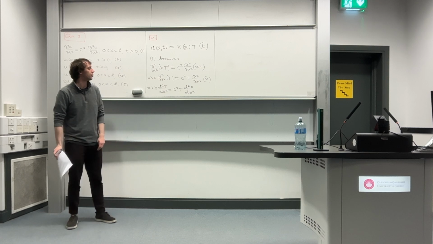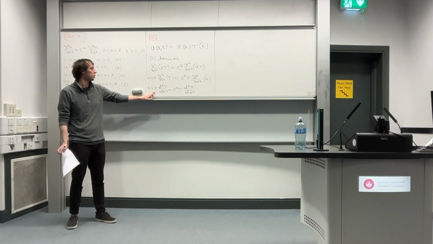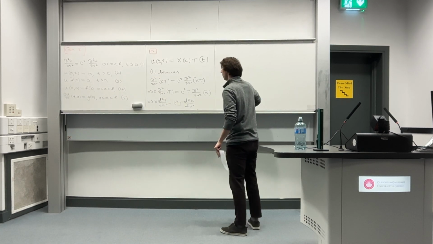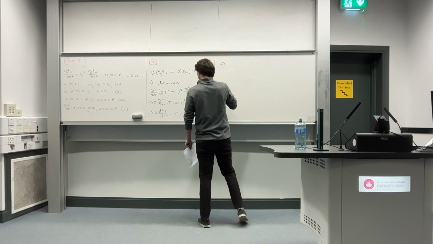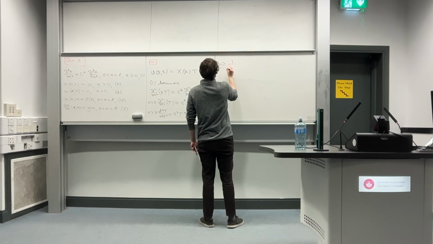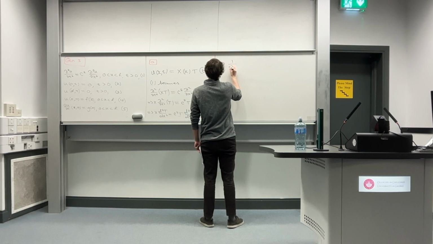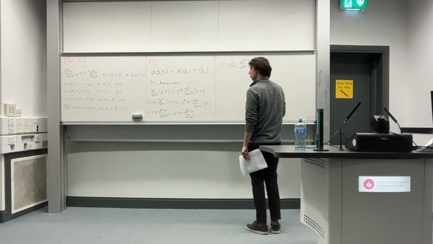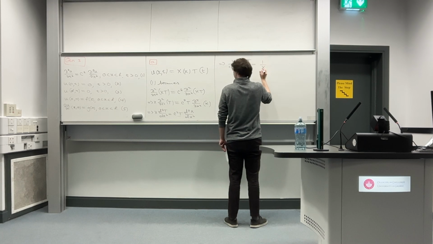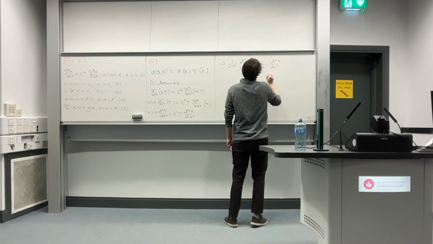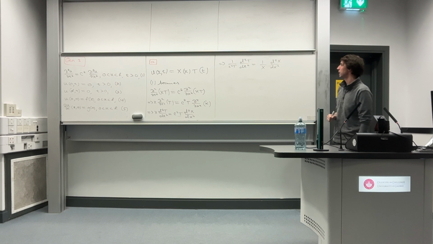To do that, we're going to divide both sides of this equation by c squared X times T. The left hand side is just going to become 1 over c squared T times d2T/dt squared, and the right hand side is going to become 1 over X times d2X/dx squared.